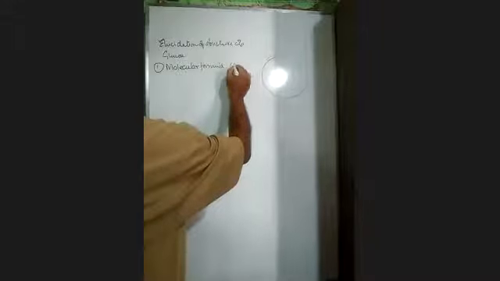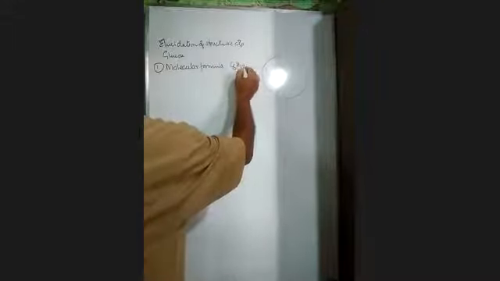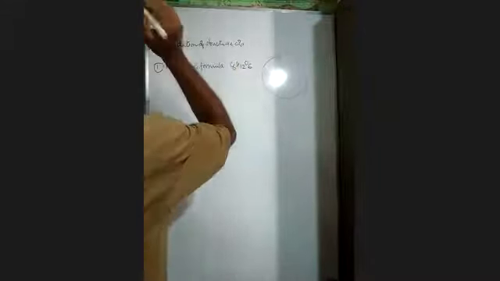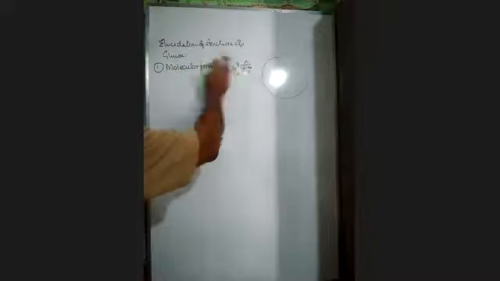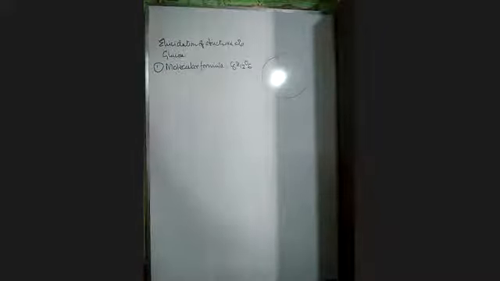Okay, the molecular formula of glucose we have already found is C6H12O6. Now we have to find in which position this carbon, hydrogen, and oxygen are present. We have to find out, and we'll count it.